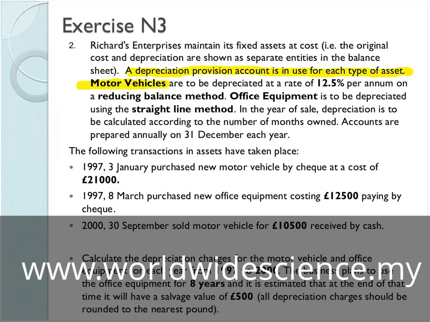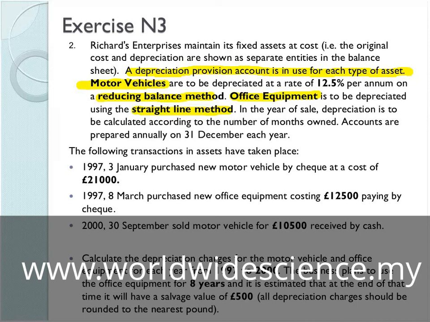So motor vehicles are calculated by the reducing balance method. The next one, the office equipment, is to be depreciated using the straight line method. You see, for the different types, it would use the different methods.